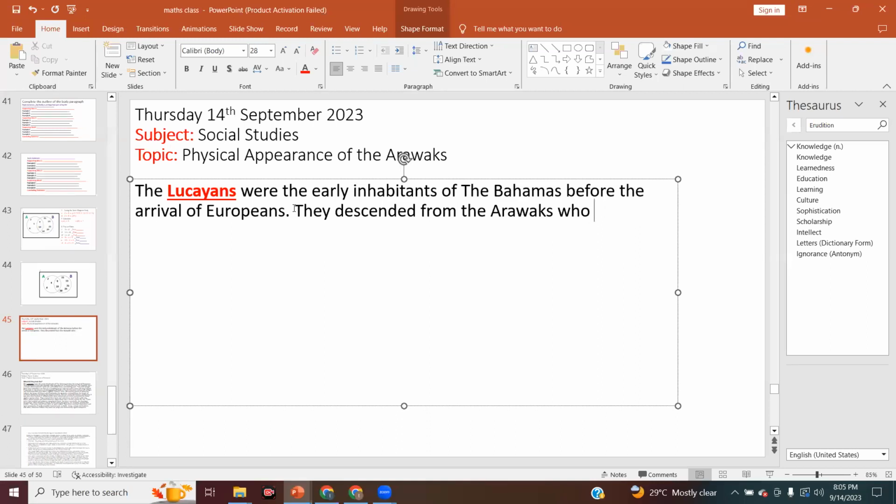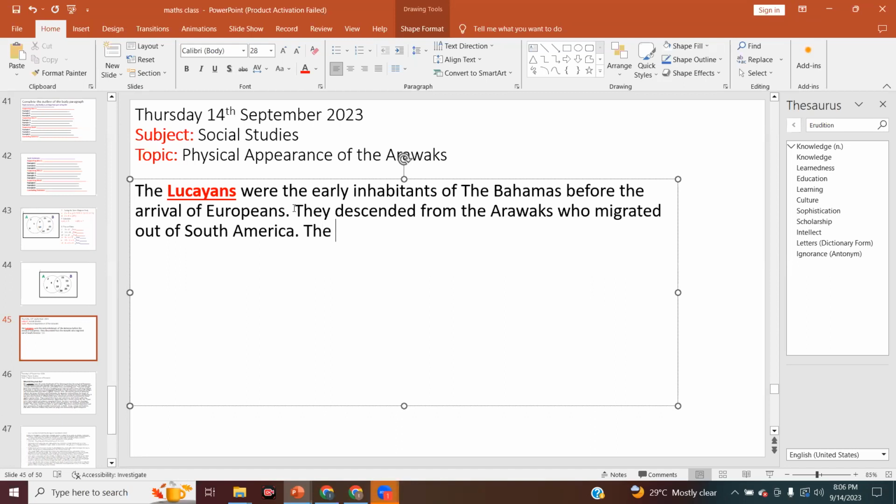So they descended from the Arawaks who migrated out of South America. Now, if we go far, far back, then the Amerindians came from Asia, but the Arawaks' immediate ancestors came from South America, according to history.